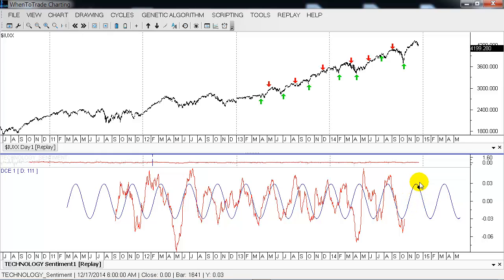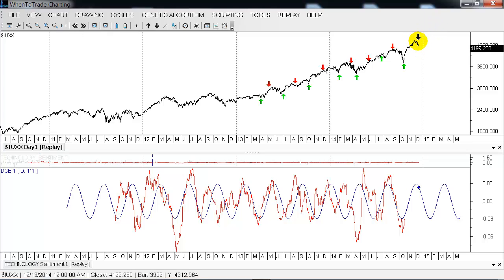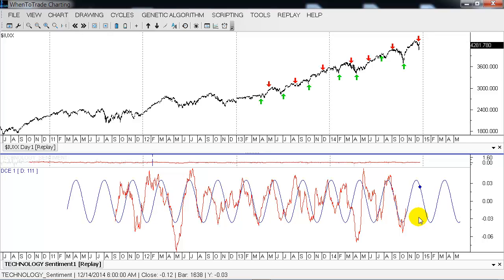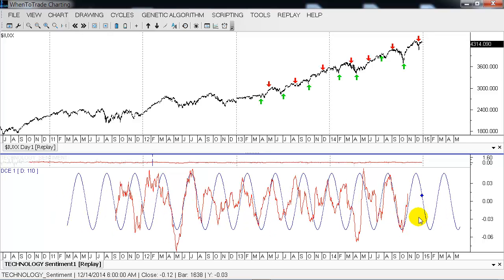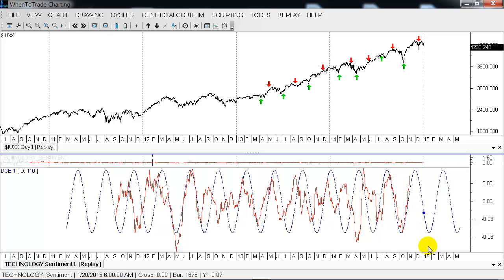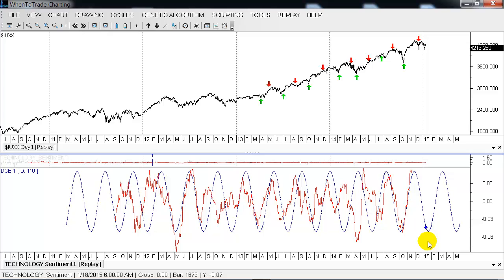The longer term cycle was approaching this period, price turned down, so we would mark this as the topping area here, and we would expect the cycle to move down now into end of January 2015.